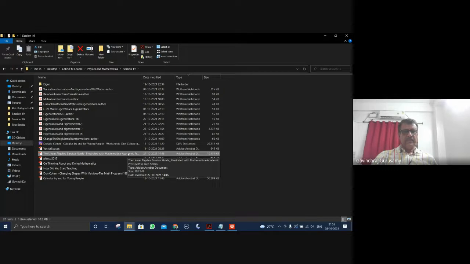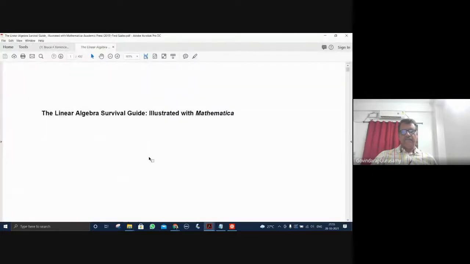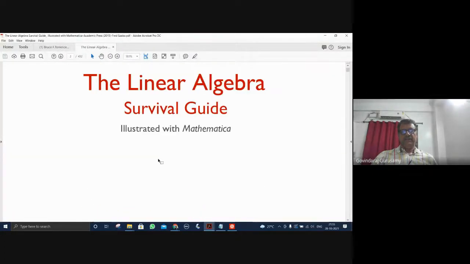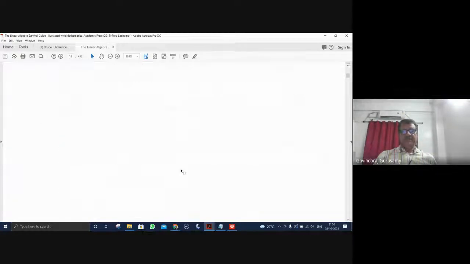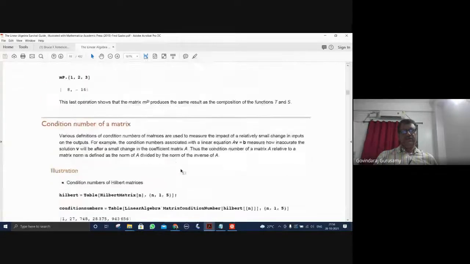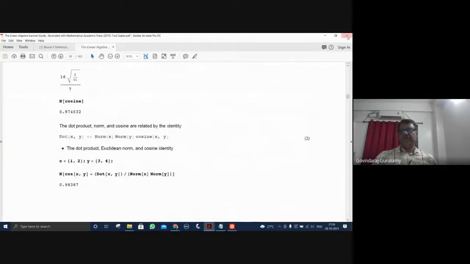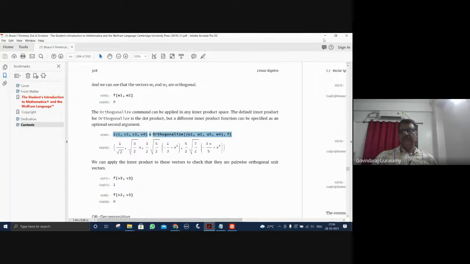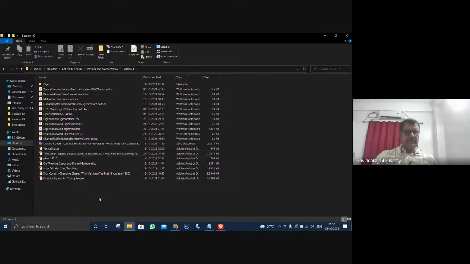Survival guide. Yeah, this book will be the linear algebra survival guide. Okay, this is a mathematician who has written this. So these are all only based on linear algebra alone. Okay, Mathematica based. One more book which is quite interesting, which I believe I have kept somewhere. I'll just check it and then send it to you.